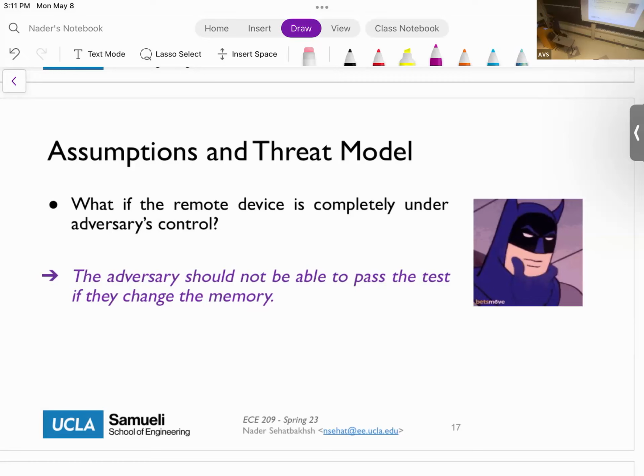If that works, then our attestation is secure. Remember, the adversary has complete control, so they can cheat, lie, forge, and do all those things, and still under those assumptions, I want this remote attestation to work. That's what we want to achieve in the system.